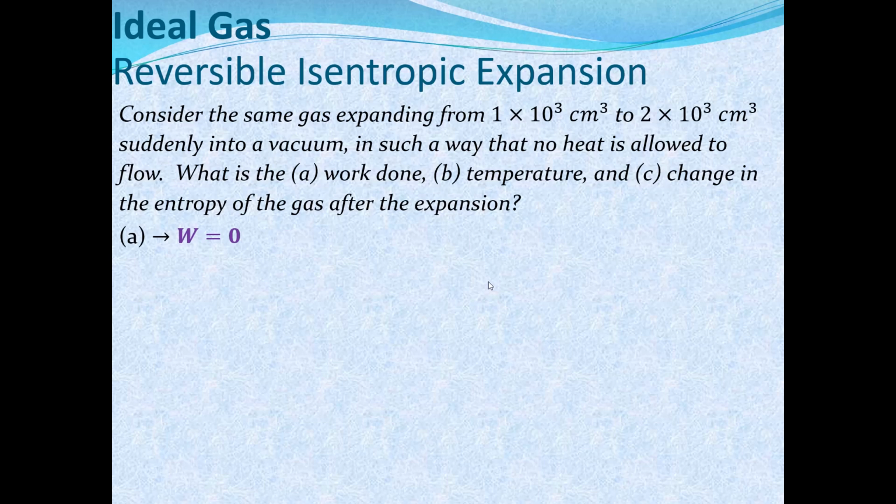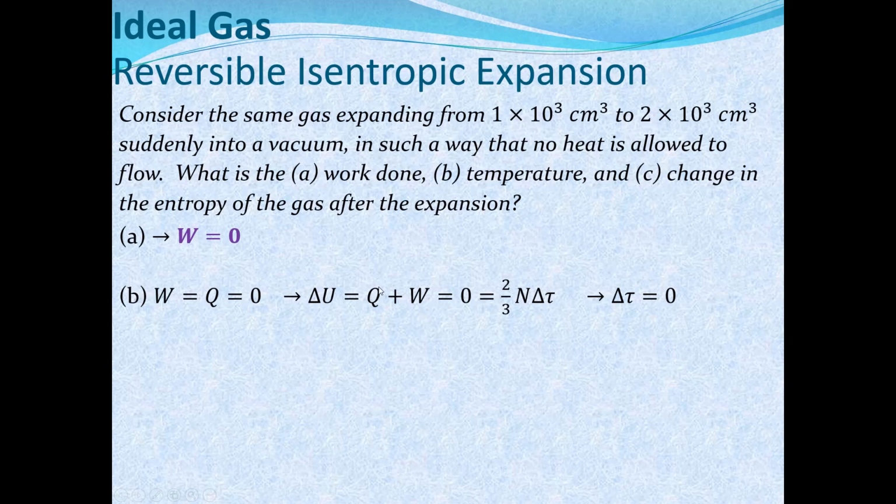There's nothing it has to push against. So the work done is zero. And because the heat is also zero, that means the entropy change is zero, which means the change in temperature is also zero. So the final temperature is still the same as the initial, it's 300 Kelvin.